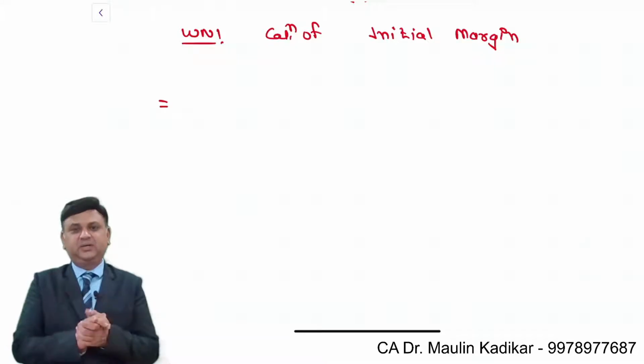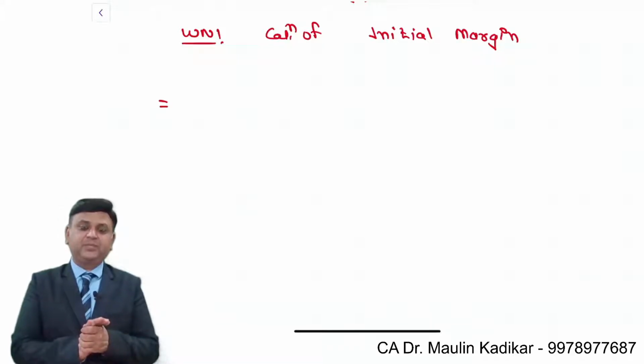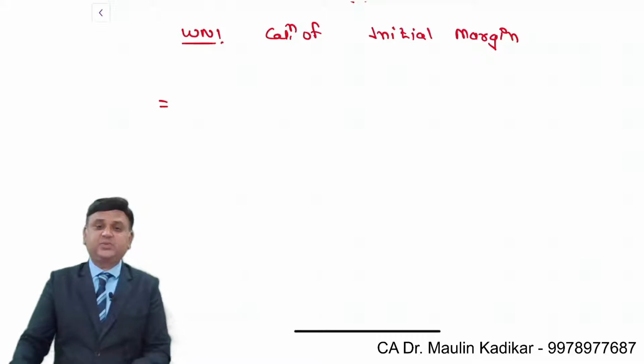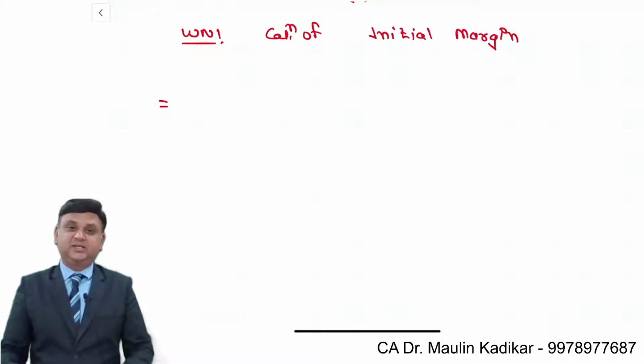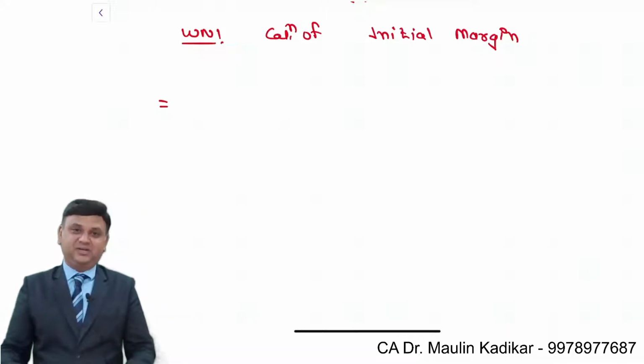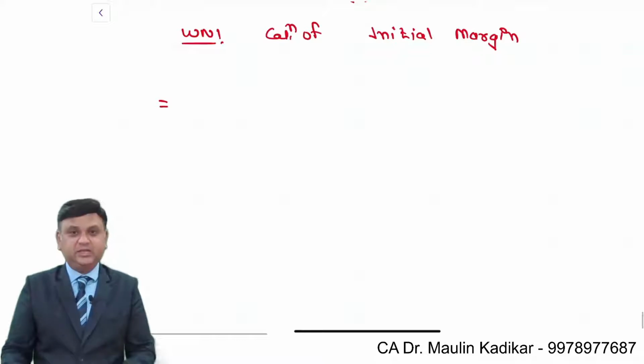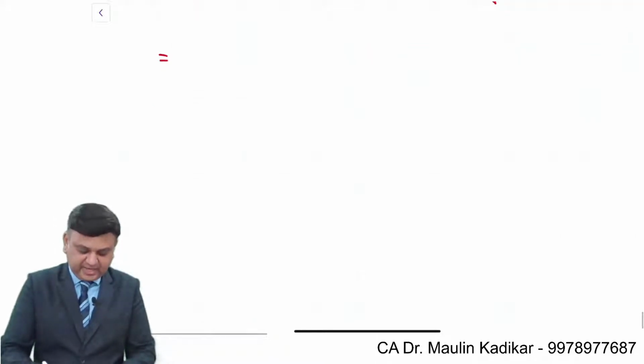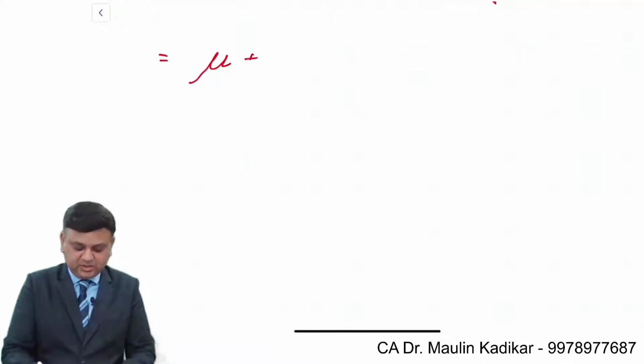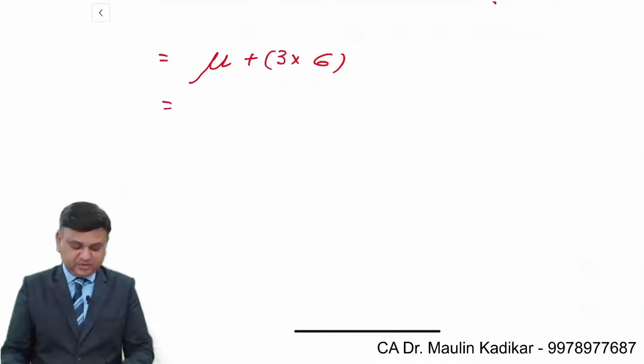That is the simple thing. The standard deviation, which we have studied in statistics, has been provided here, and the other term is mu. For the initial margin, the formula used is mu plus 3 standard deviation.